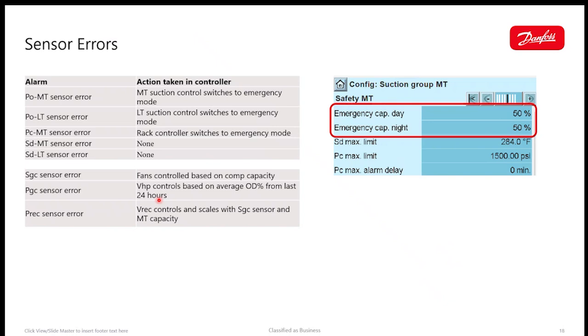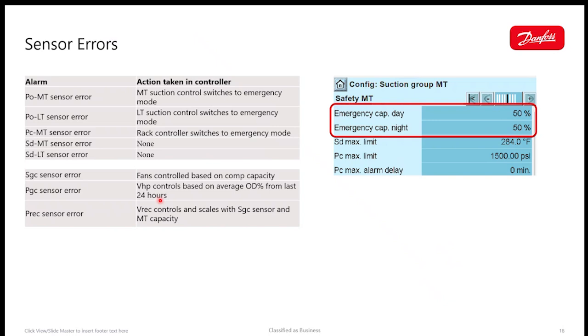Temperatures, pressures, the load itself, the mass flow, the CO2, it just moves so much from minute to minute throughout the system that having something that has to be left static isn't ideal, but there's also not a better way to go about it when you look at the high pressure valve. So looking at this 24-hour average gives us the best chance at trying to keep the rack functional until someone can resolve that transducer problem.